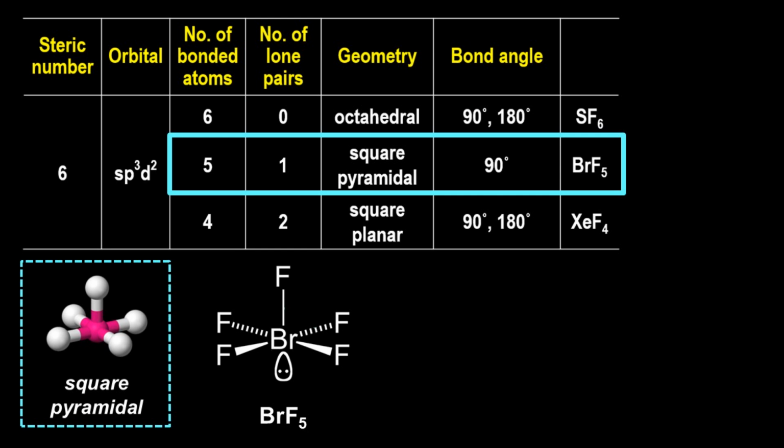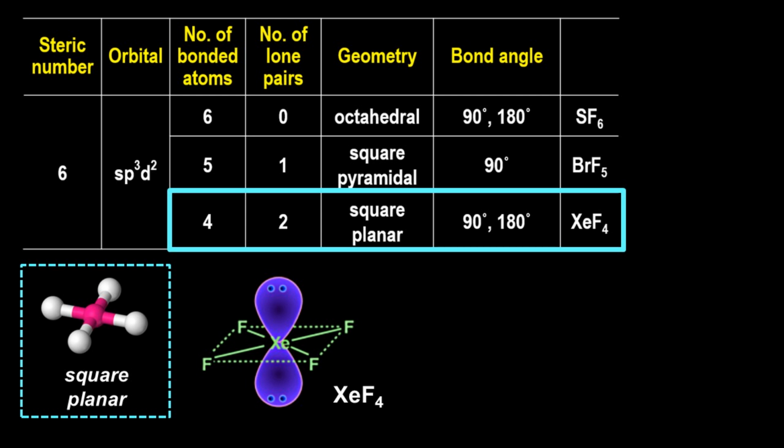But if one of those 6 positions is taken by a lone pair, the shape shifts to square pyramidal, like we see in bromine pentafluoride, BrF5. The lone pair pushes a little, so the bond angles are just a bit less than 90 degrees. And if there are 2 lone pairs, the molecule flattens out into a square planar shape with bond angles of 90 and 180 degrees, just like in xenon tetrafluoride, XeF4.